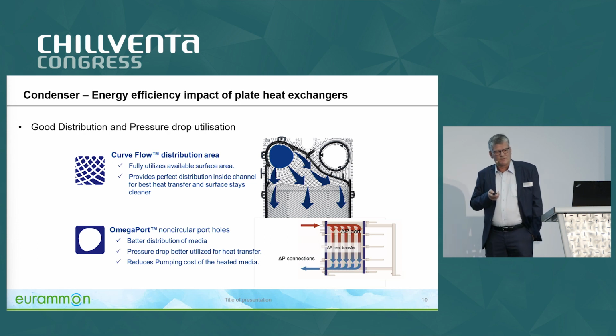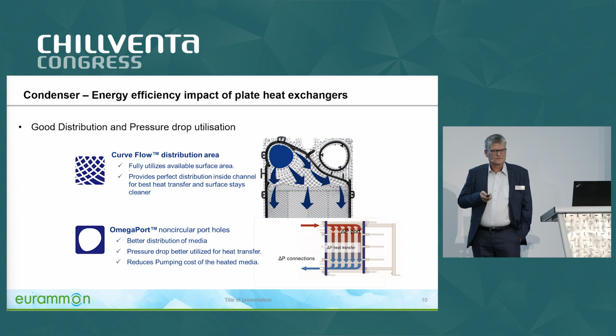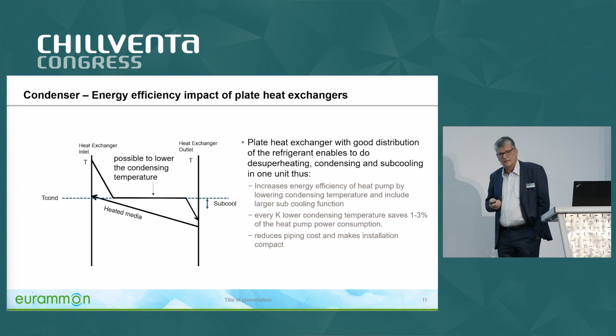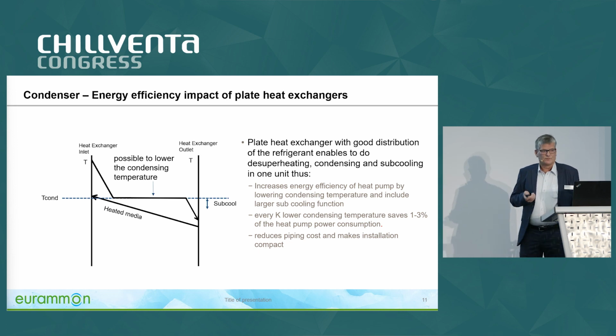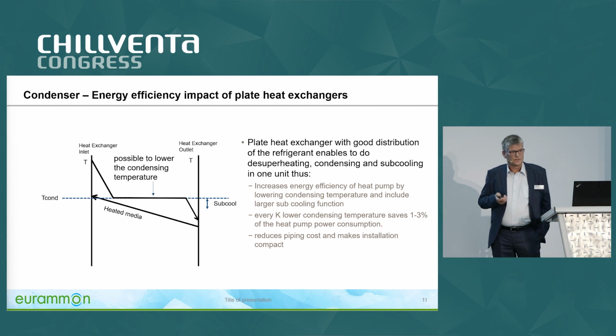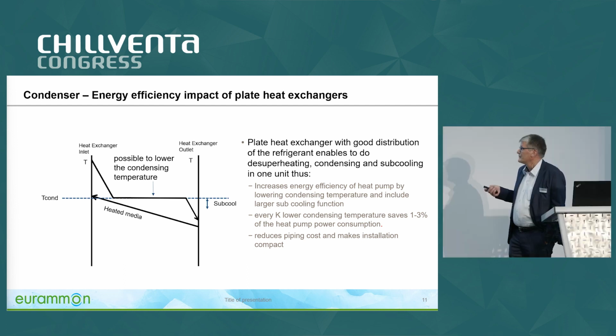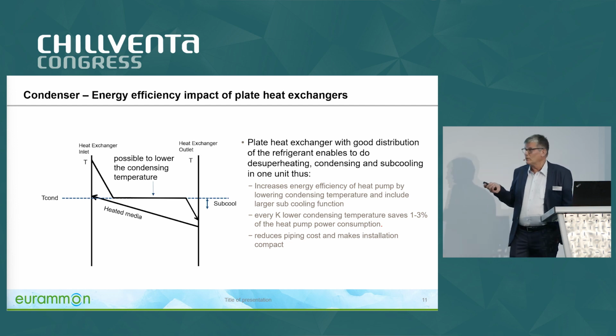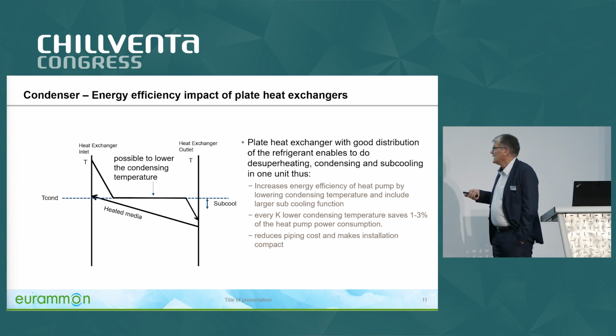In condensers, you maybe don't think that it's so important energy-wise, but it can really be. If you have a good distribution, we can do in one heat exchanger, in one stroke, so to say, both the superheating, condensation, and subcooling, and heat the water on the other side up to the condensing temperature in one stroke.